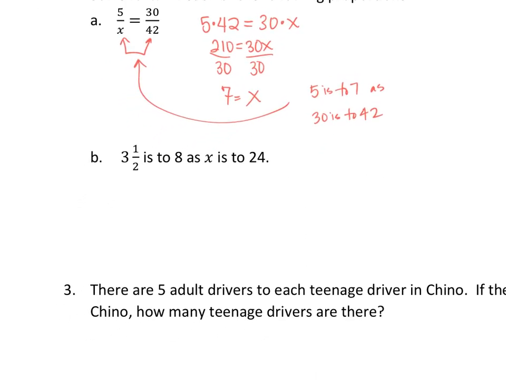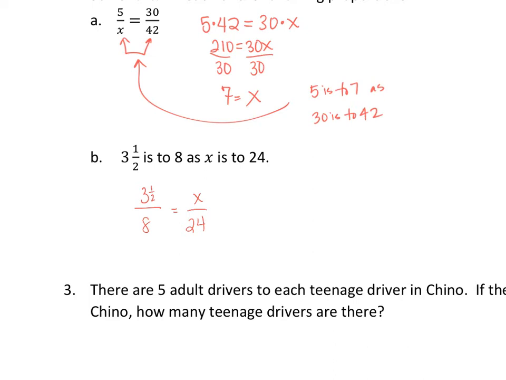All right, for part B, we have 3.5 is to 8. So I'm going to write 3.5 over 8. 3.5 is to 8 as x is to 24. So we know that it's setting up a proportion. When I look at this one, again, even though they're ratios and they're being called something different, they're still behaving like our fractions.